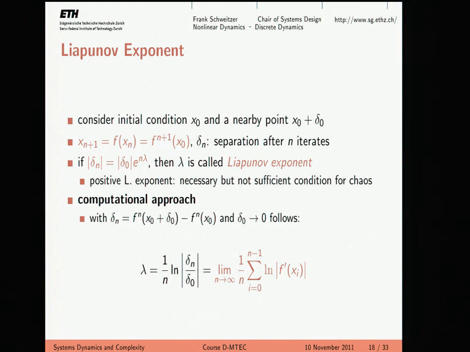So the final deviation, delta n, would be exponentially bigger than the original one. And if lambda is negative, then the initial fluctuation would die out. And lambda is called the Lyapunov exponent. Right? So you have, well, here. So you apply the function f. All right, let's start from here.